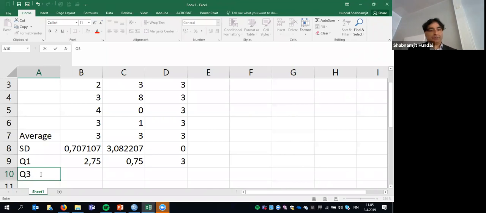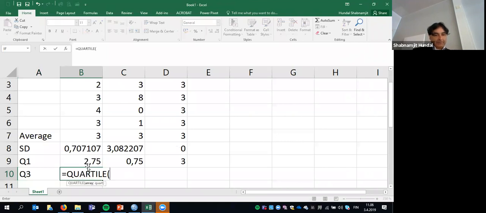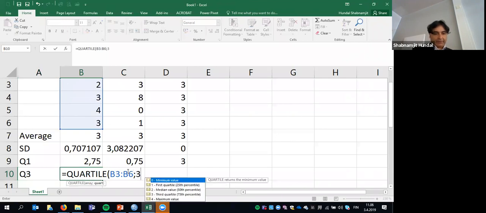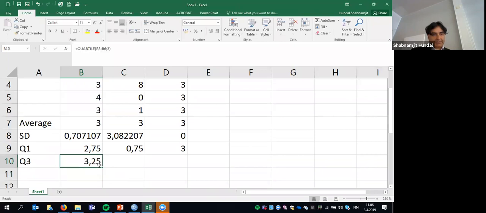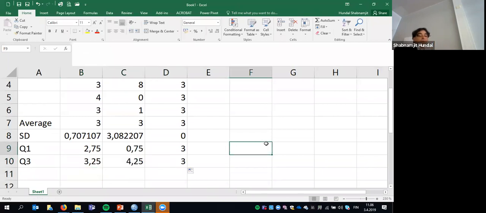Here again we use quartile. Hopefully it works. I just randomly tried, let's call it third, maybe. Oh, there you go. Yes, it works. I didn't know that it works like this.